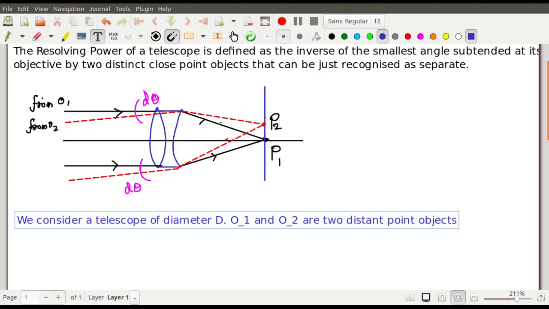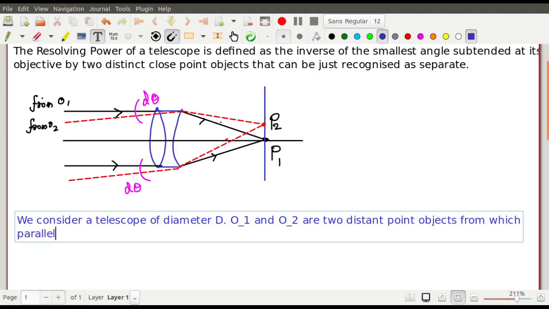O1 and O2 are two distant point objects from which parallel rays are incident on the telescope at an angular separation of d theta.